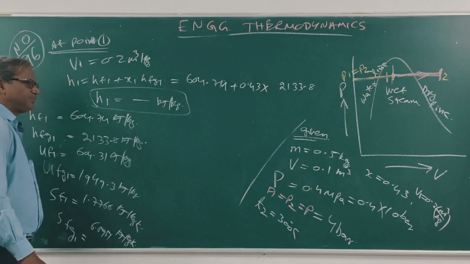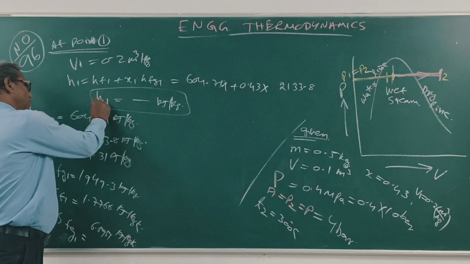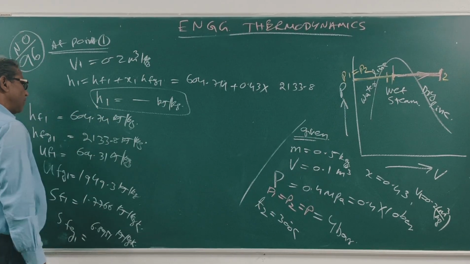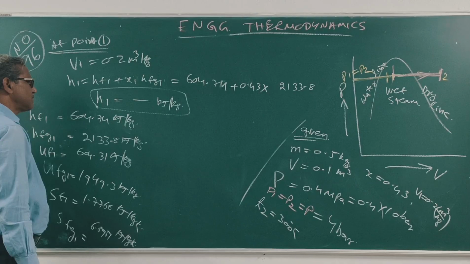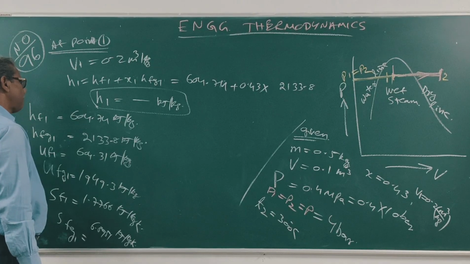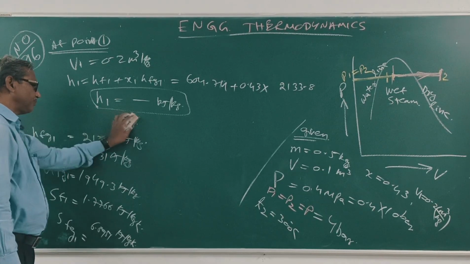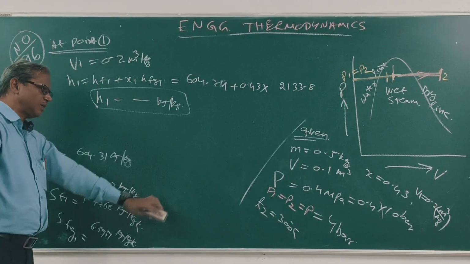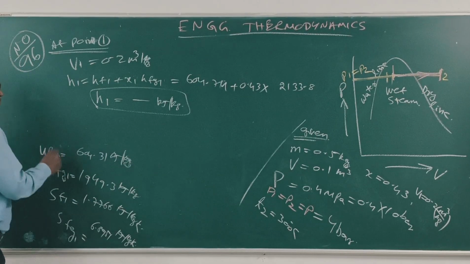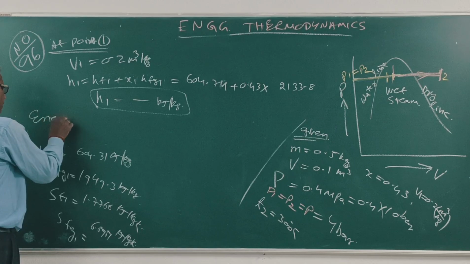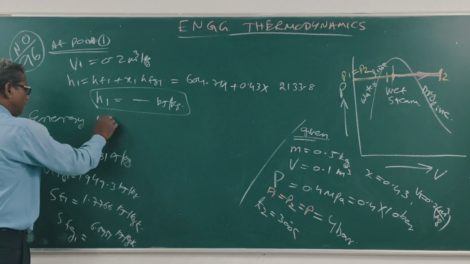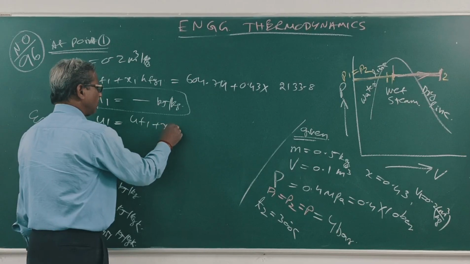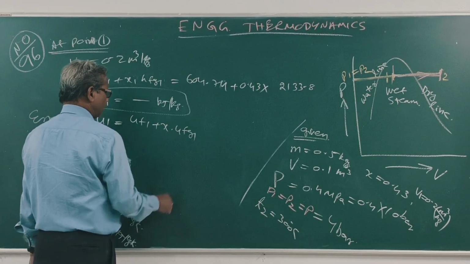Next, what is energy U1? Energy U1 is equal to UF1 plus X into UFG1.